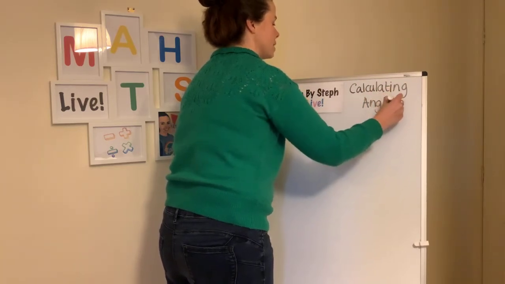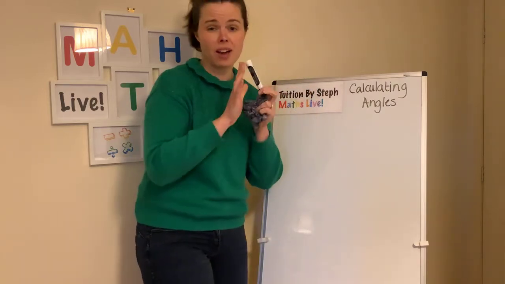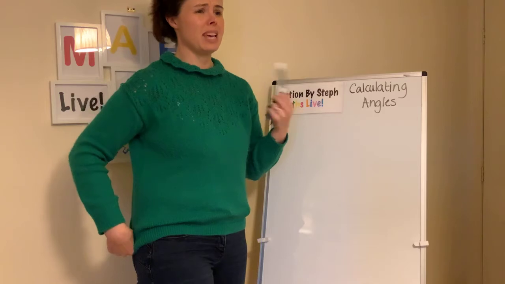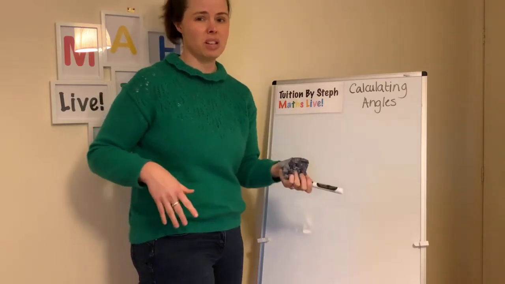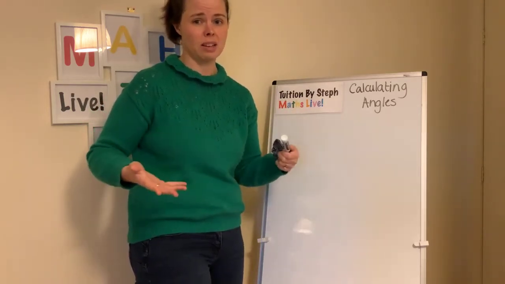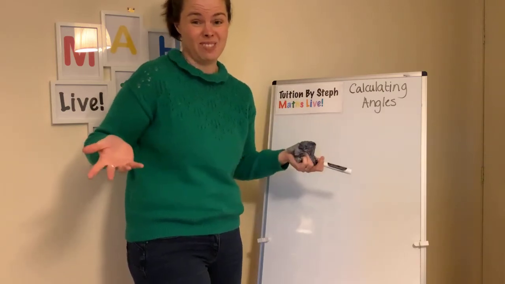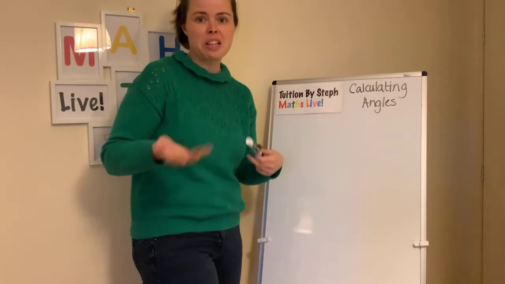We're going to be calculating missing angles, using the facts that we've already got. The only difference from yesterday's lesson is that you need to do some adding or subtracting based around the angles that we already know. In a way, it's that simple, depending on the calculation.